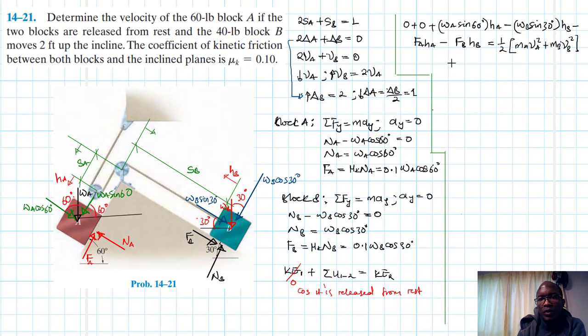We know that our VB is equal to 2VA. So if we were to write this, factoring out VA squared, it just becomes equal to WA sine 60 HA minus WB sine 30 HB.